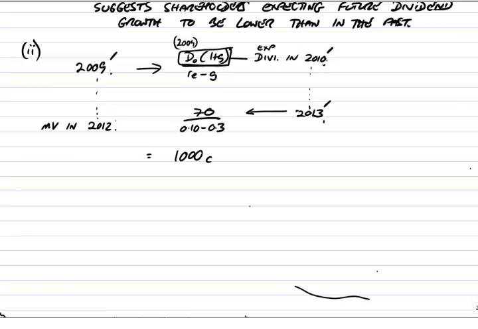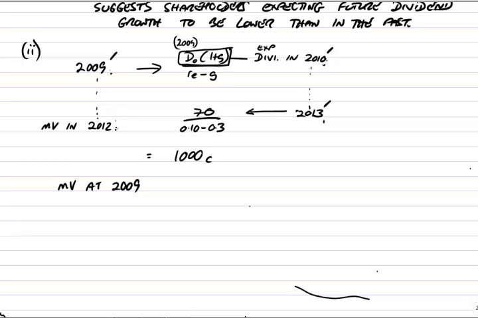However, we want the market value now, the market value at 2009, whereas 1,000 is what the market value would be in 2012. Well, effectively, we're using the fact that the share price is the present value of future dividends.